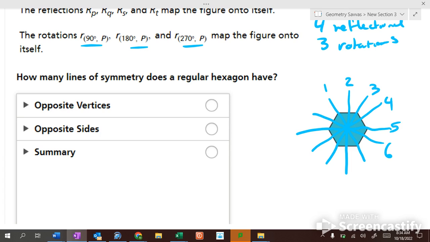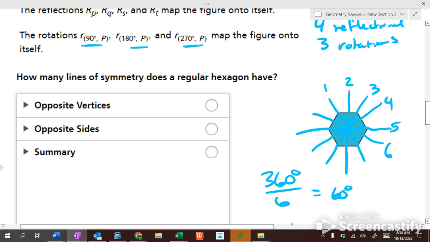How many degrees do you go each rotation? Well, there's 360 degrees in a circle. How many sides are there? 6, so you go every 60 degrees. So there's 60 degrees, 120 degrees, 180 degrees, 240 degrees, and 300 degrees.